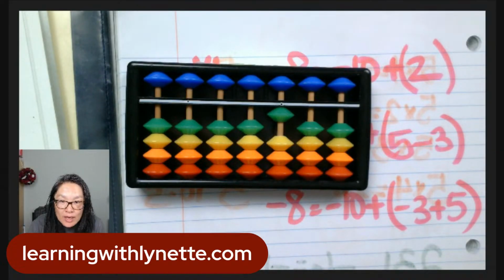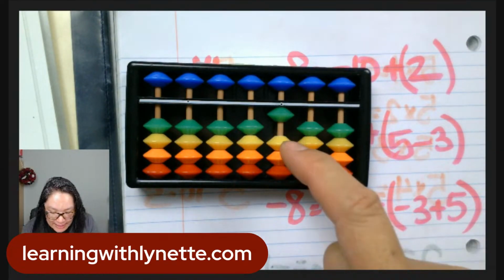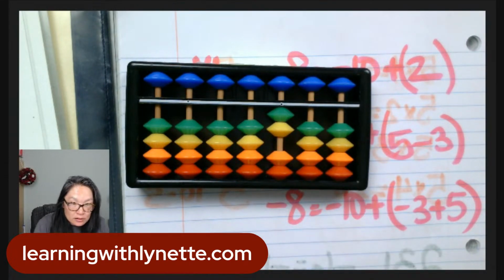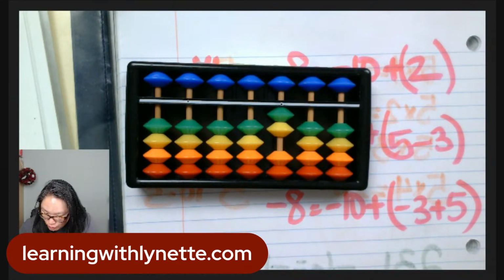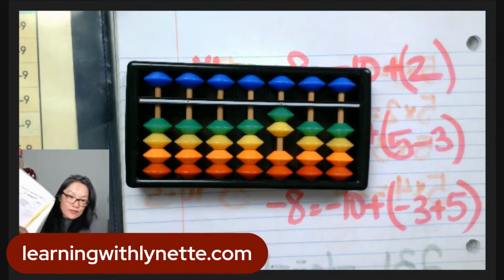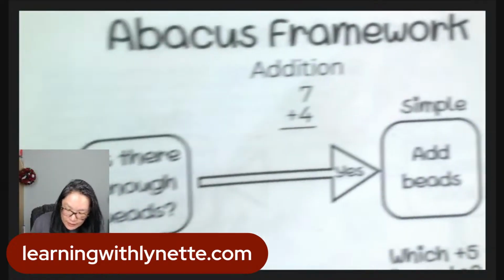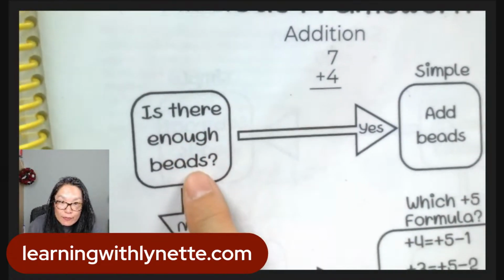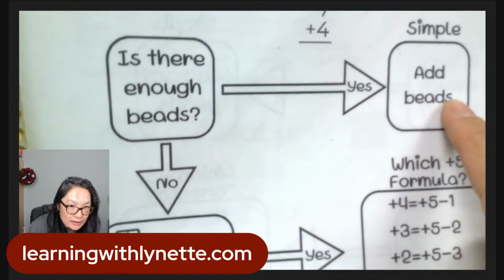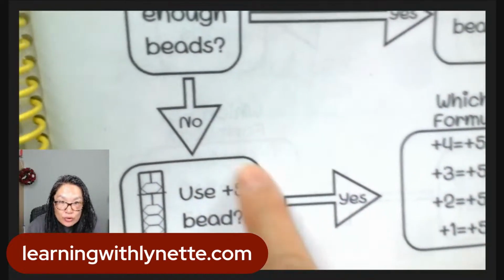That's the reason why we do the things we do. Do you have enough? Yes. Because that's why I have this framework. The framework is, do you have enough beads? If so, then add it. If not, use the formula.